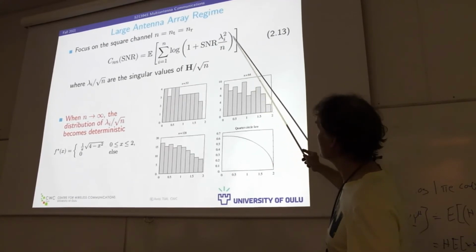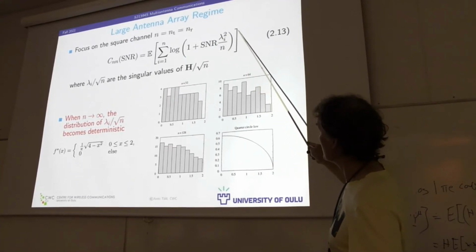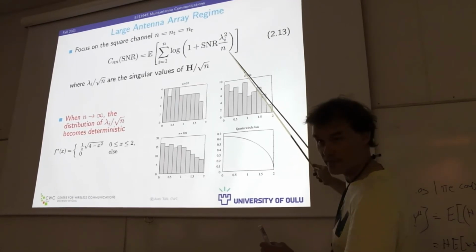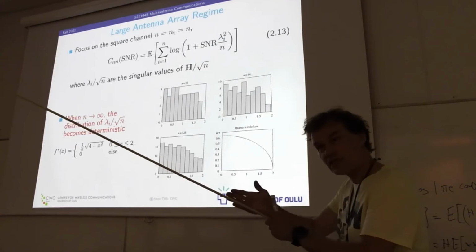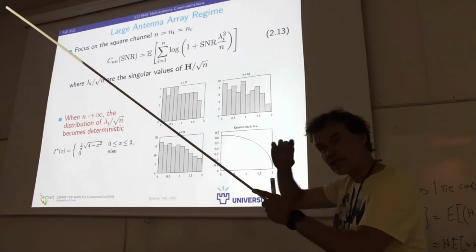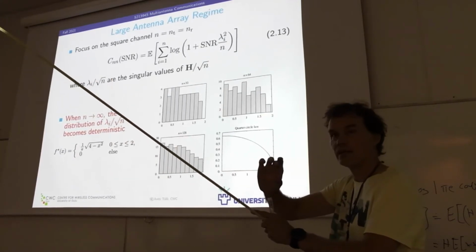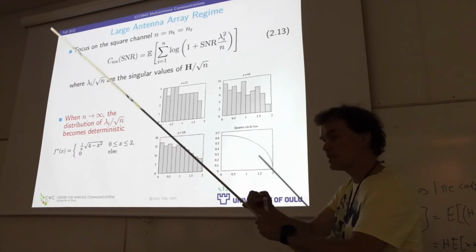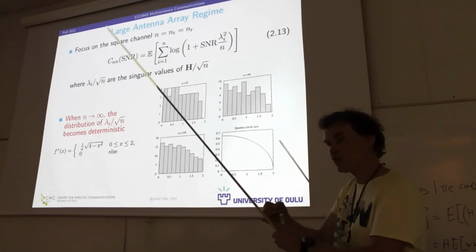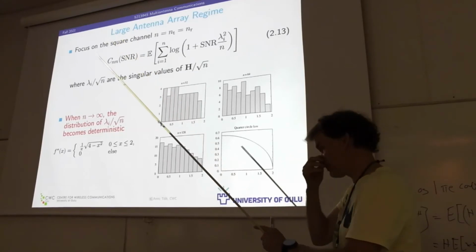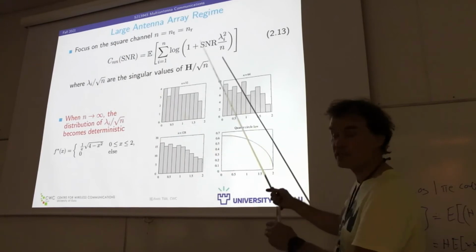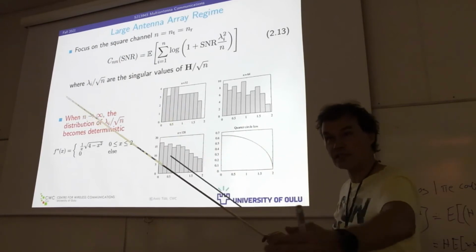So we are basically normalizing H Hermitian H by n. When n and the size of H increase, it's normalized by n. If you generate H with every entry from an IID distribution, the trace of H Hermitian H keeps increasing with n.